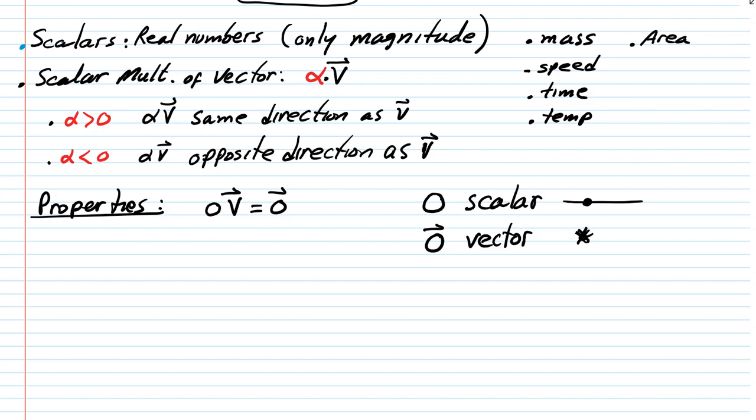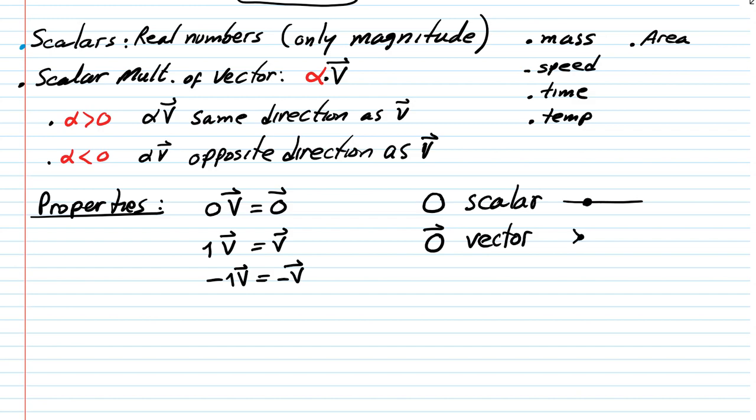I just want to point out that there is a difference between a zero scalar and a zero vector. Now, scalar 1 times any vector gives you the vector itself. And negative 1 times vector V gives you negative V.